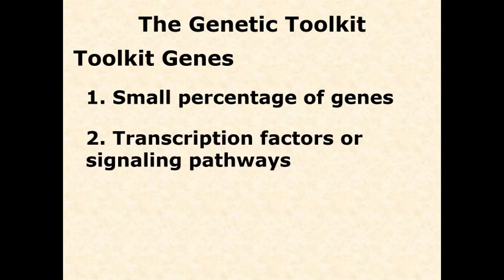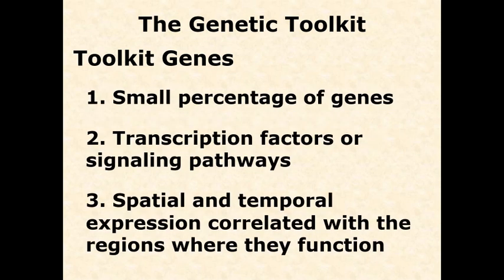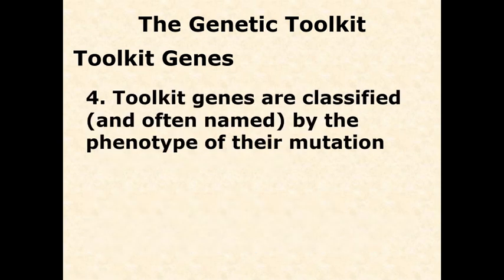And as we already mentioned, they are transcription factors or signaling pathways that have an impact on gene expression in cells. And that their spatial and temporal expression, so location and timing of their expression, is highly correlated with the regions that they are causing to develop. And if we change those, we're going to have drastic impact on those regions, right?